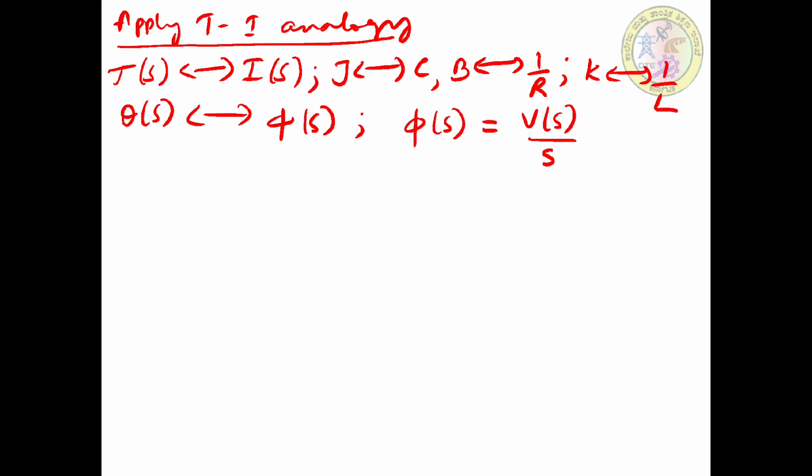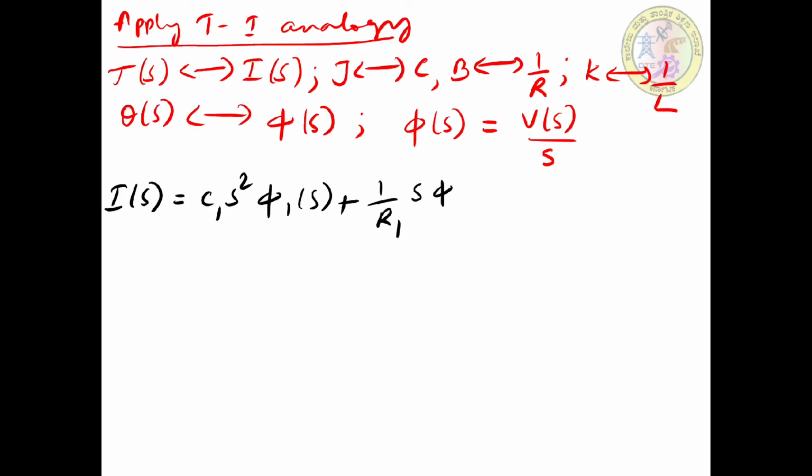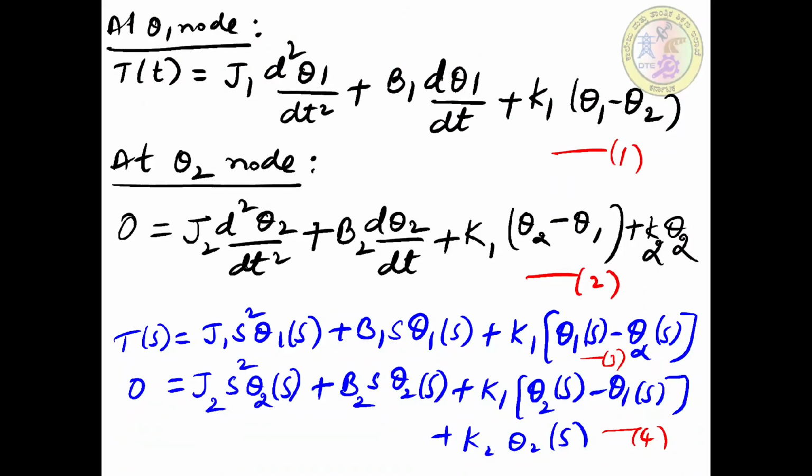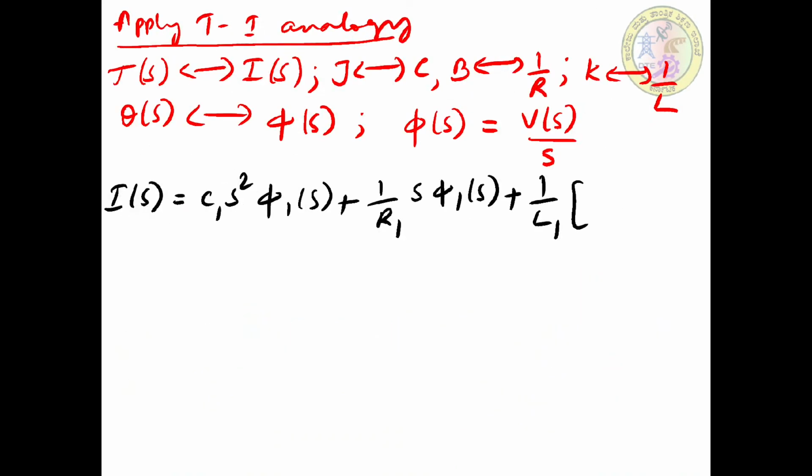So therefore our equations will be now I of s equal to C1 s squared phi 1 of s plus 1 by R1 s into phi 1 of s plus 1 by L1, because k will be replaced by 1 by L, theta 1 minus theta 2. So therefore we have here phi 1 minus phi 2, that is phi 1 of s minus phi 2 of s.